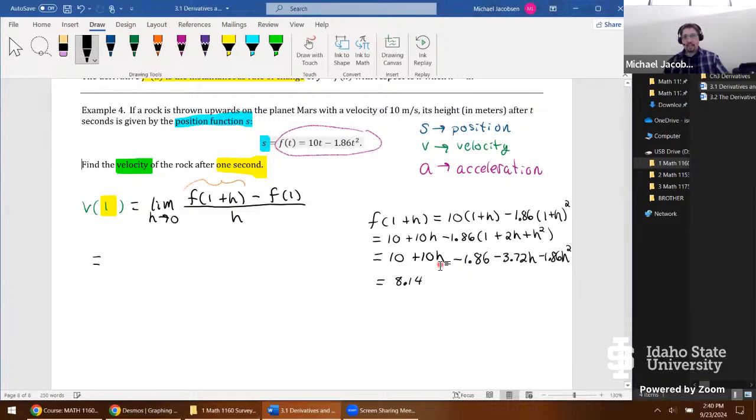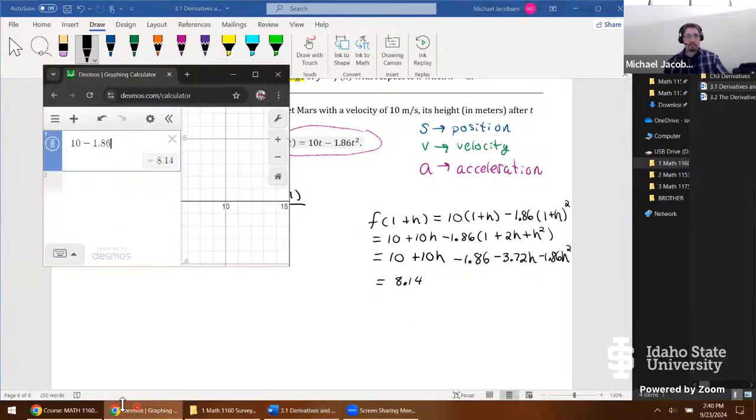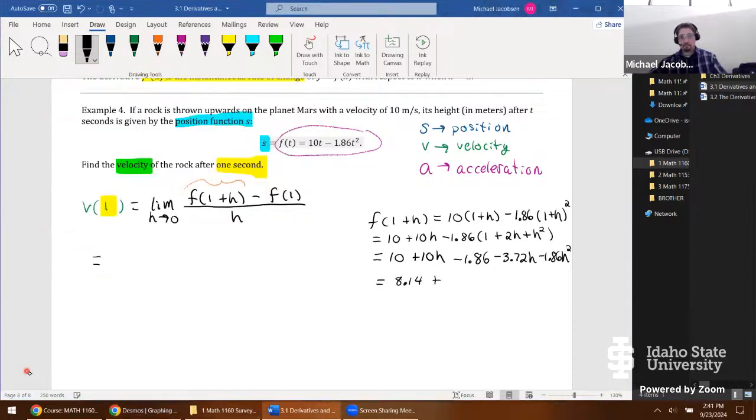We also have 10h minus 3.72h. So 10 minus 3.72 gives us 6.28h positive. So let's see, I've combined 10, negative 1.86, 10h, and negative 3.72h. That's the last term that hasn't been accounted, minus 1.86 h squared.